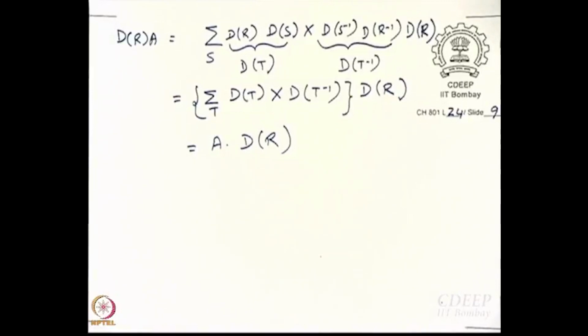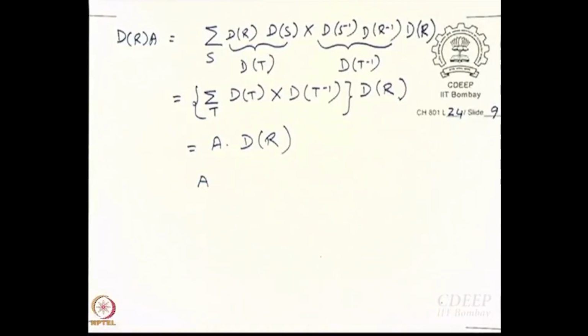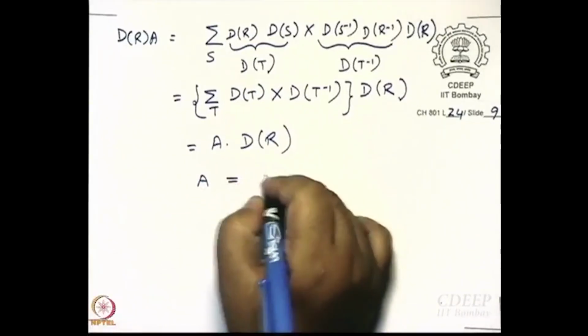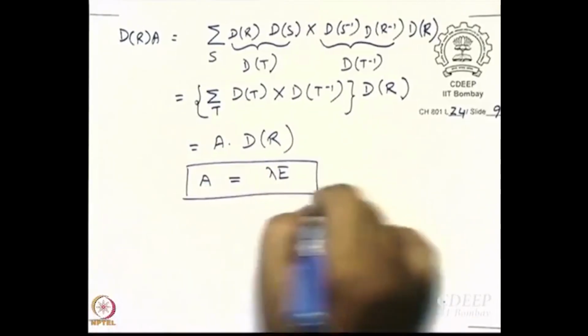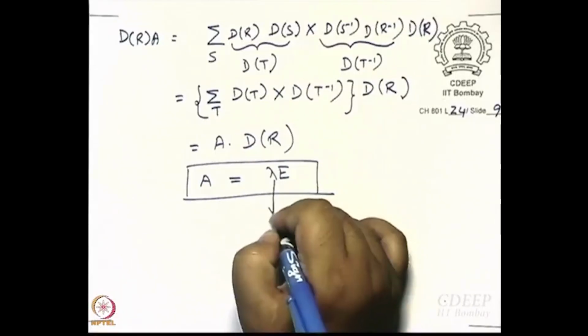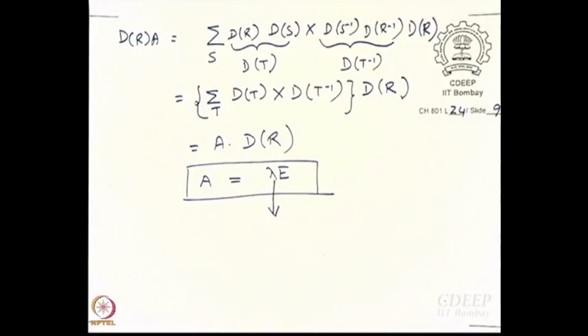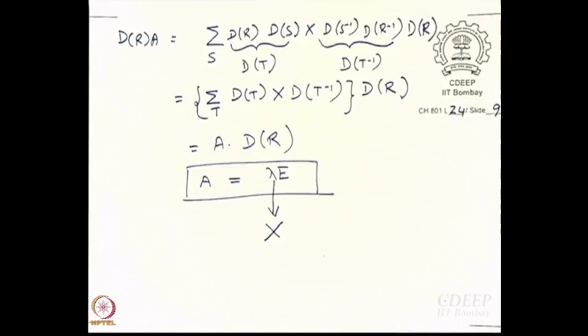So if commutation is proved, then we know already from Schur's lemma number 1 that A equal to lambda E. What determines the value of lambda? Value of lambda is determined by the matrix X, right?